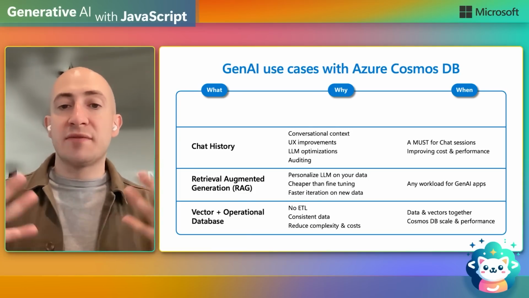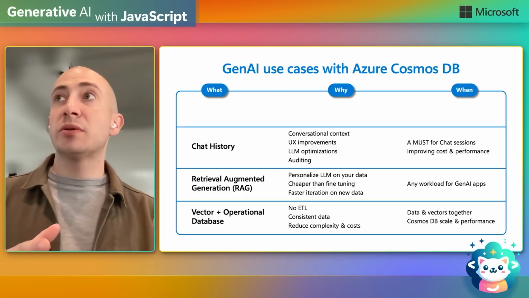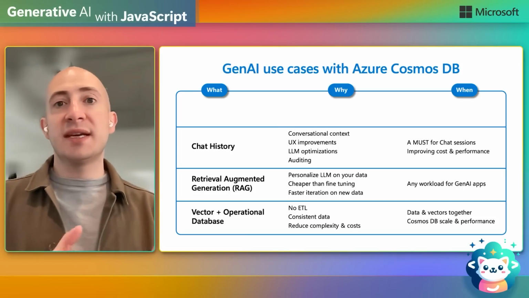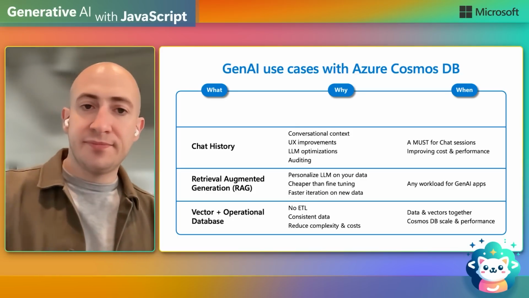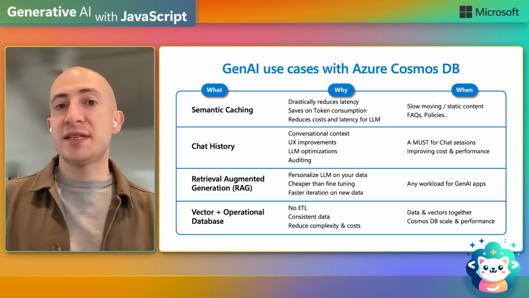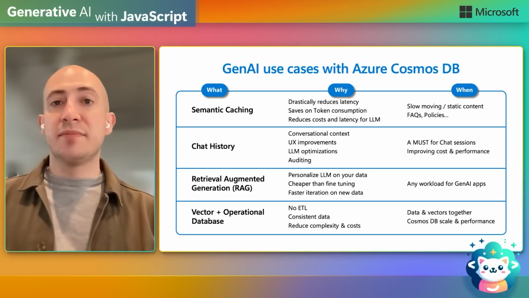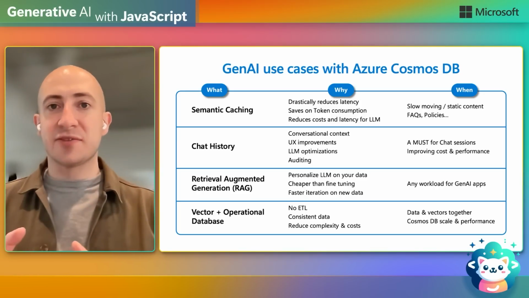It's really good for this conversational context, but also for analyzing where my AI model or my AI application performs well, and maybe where it needs a little bit of help. So you can actually use it for auditing or improvement purposes later on as well. And then finally, there's also this notion of semantic caching, which is getting very popular. Semantic caching basically plays on the last two topics, retrieval augmented generation and chat history.